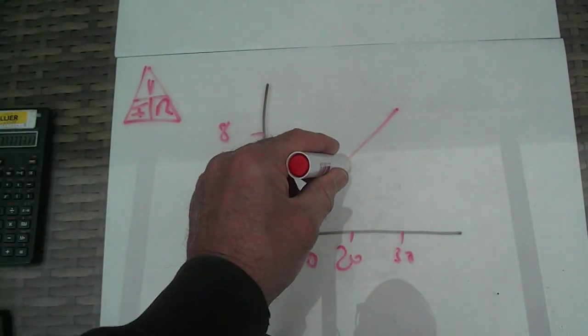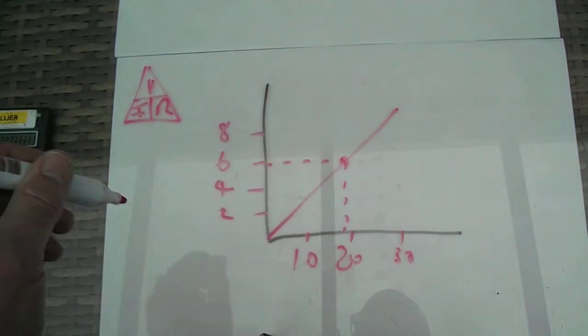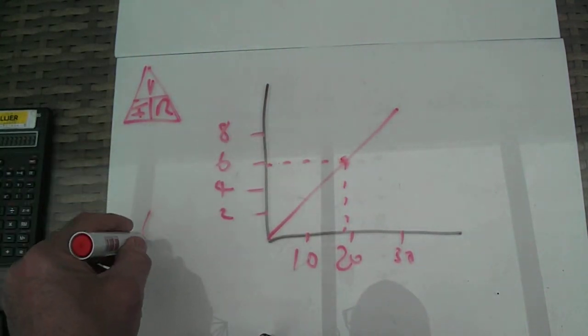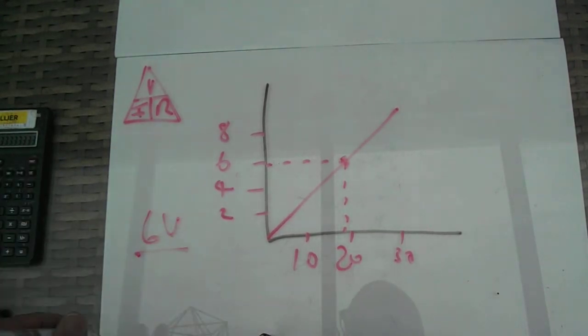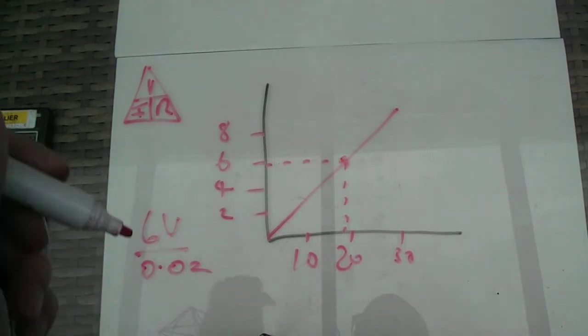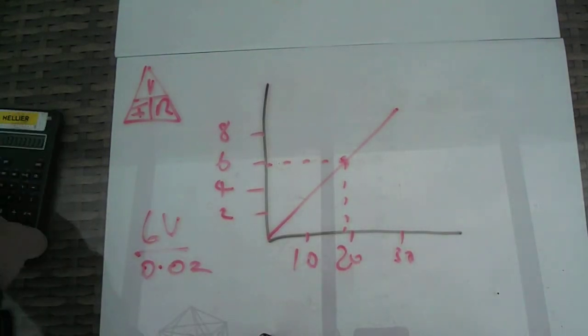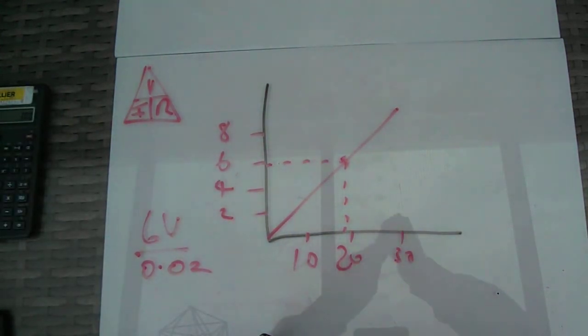If I pick a point on there, look at the results, I've got 6 volts divided by 20 milliamps. Now 20 milliamps is 0.02 of an amp. It's quite important that you get that. And that comes to 300 ohms.